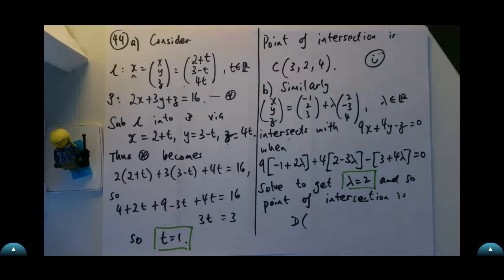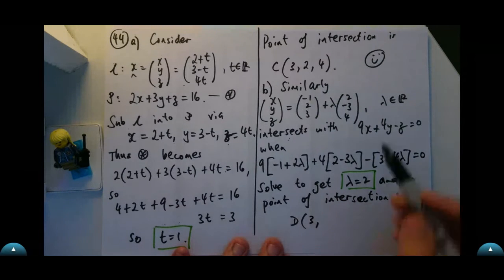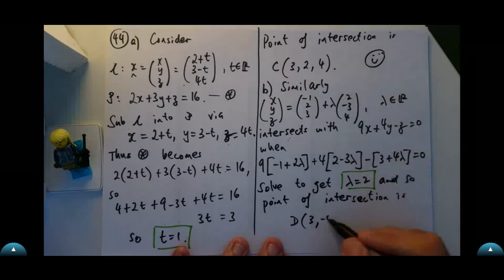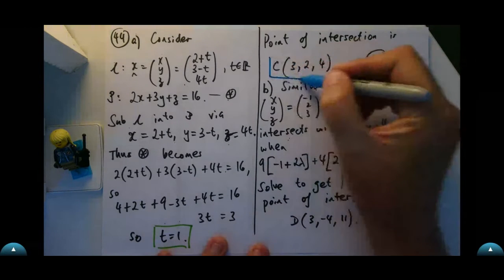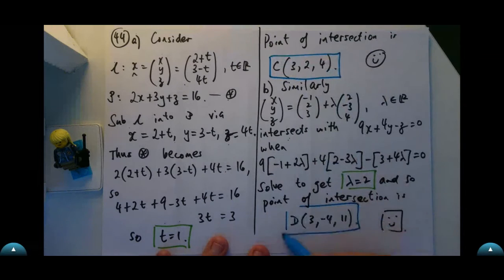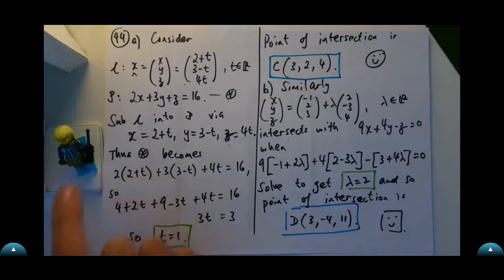So I think you're going to get something like 3, -4, and 11. Yeah, that looks right to me. So there's your point of intersection from the first part. There's your point of intersection from the second part. Okay, sweet, that's great. Good job.